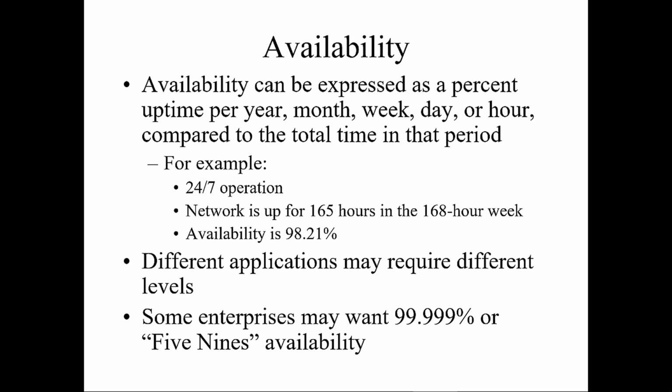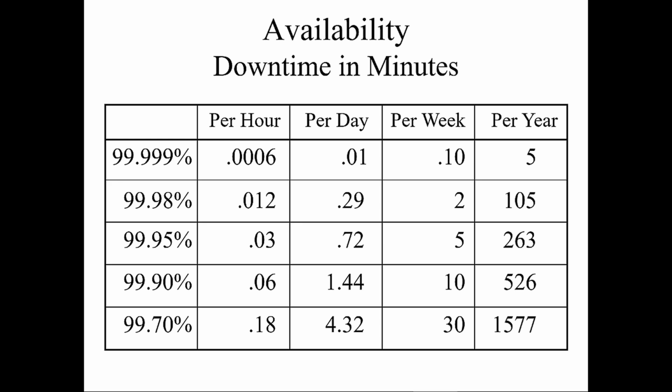A lot of enterprises may want what they refer to as 5 nines. That means uptime is 99.999%. And that is of time during the work week. A nice breakdown is, if we're looking at 5 nines, we are looking at downtime in minutes.